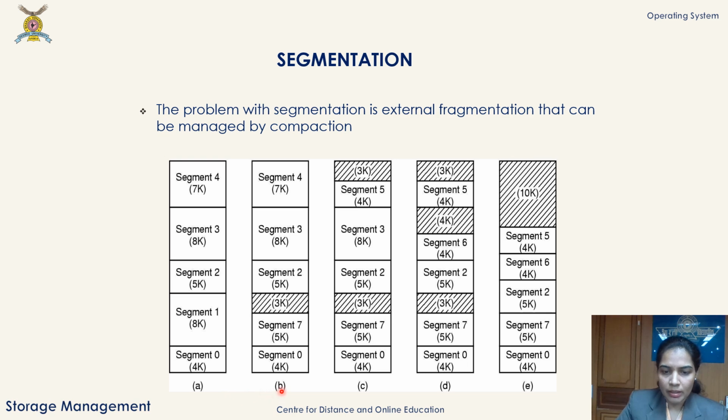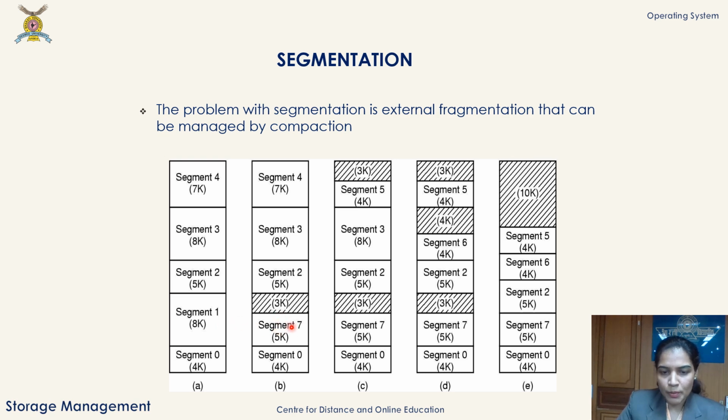In diagram B, we can see there is some unused memory area. This is an empty memory area. The process which was loaded at segment 1 has now exited, it has completed the execution, so it is out of the memory.